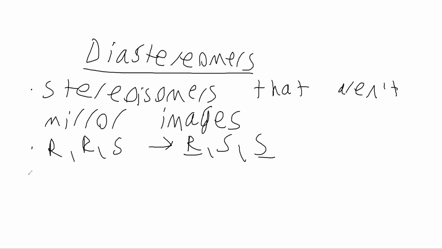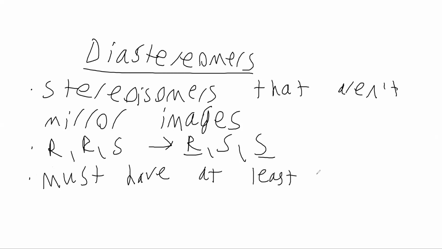And so I guess a little note is that we must have at least 2 chiral centers to have a diastereomer.